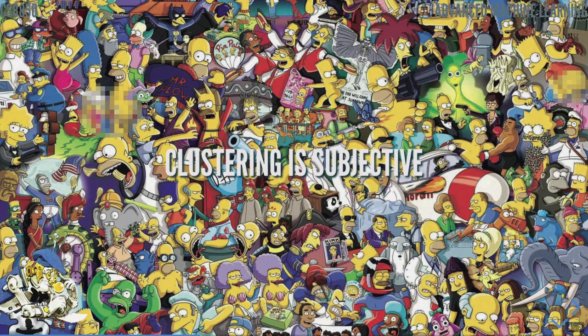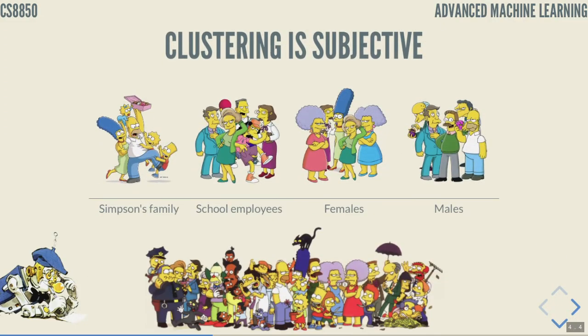But the problem is that clustering is subjective. You can cluster objects many possible ways, and they all will be sort of correct. For example, let's look at the Simpsons family and the Friends. We can extract multiple groupings.